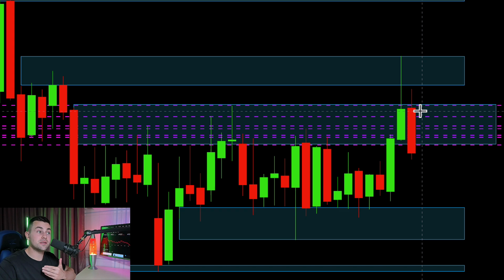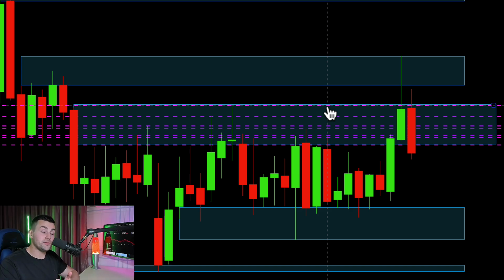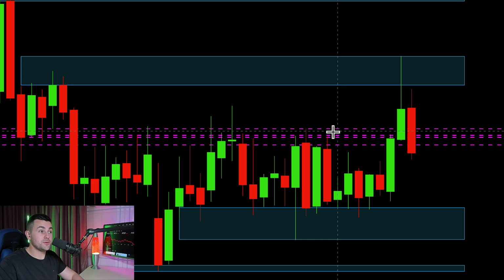You can see that that structure lost its significance, and it looks like the market participants stopped placing their orders within that area. For that reason, the price started to ignore that zone. Buyers ignored that when the price went up, and then sellers ignored that when the price started to fall. For that reason, we consider that zone to be invalid, and we remove that from our price chart.